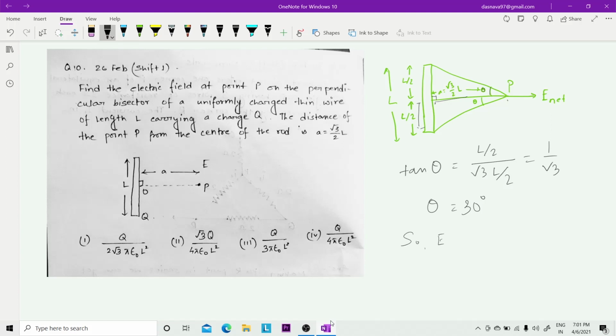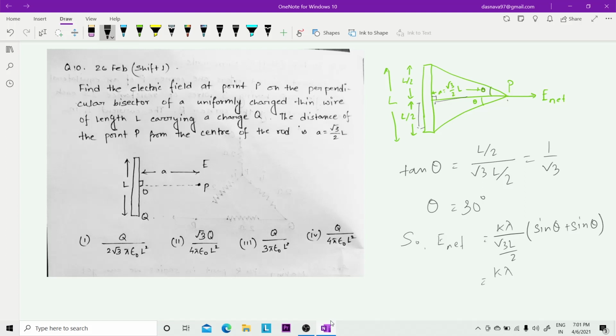So the net electric field will be, as we all know the formula, k lambda by root 3 L by 2 into (sine theta plus sine theta), with theta equal to 30 degree.